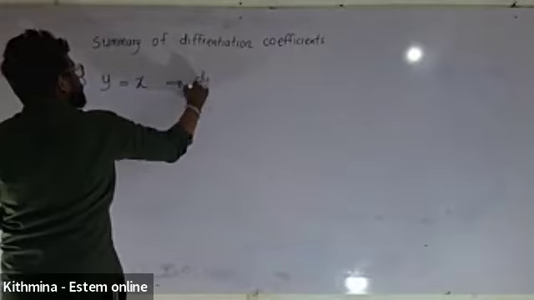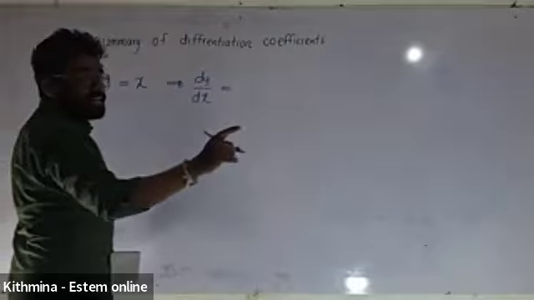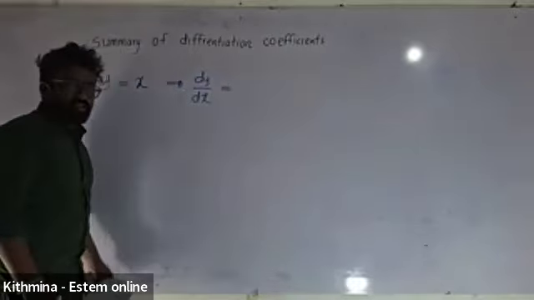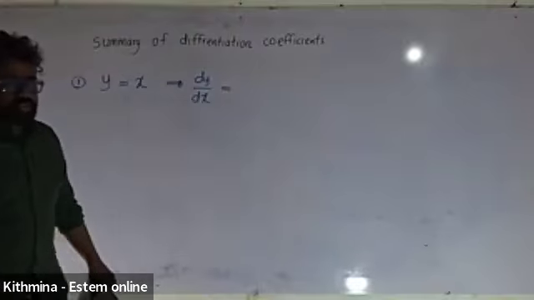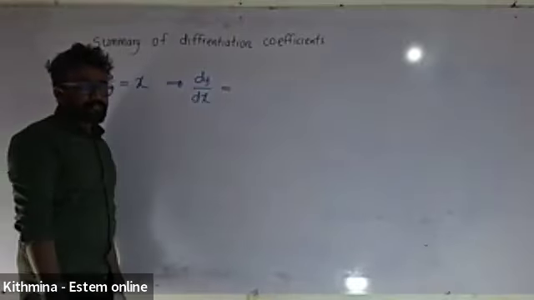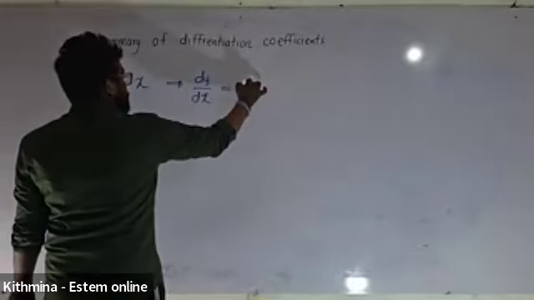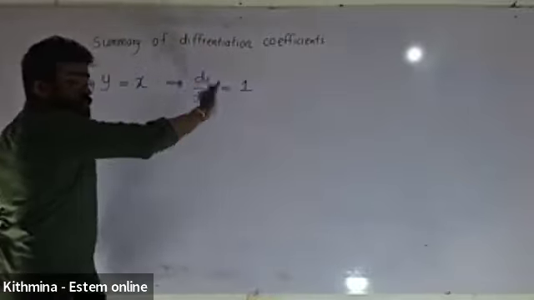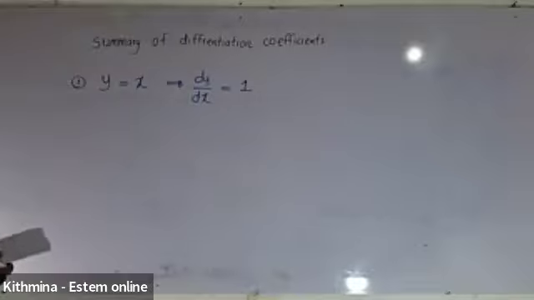These things you should get directly without any simplification. If y equals x, what is dy by dx? 1. This is one very easy, simple thing that you should keep in your mind.